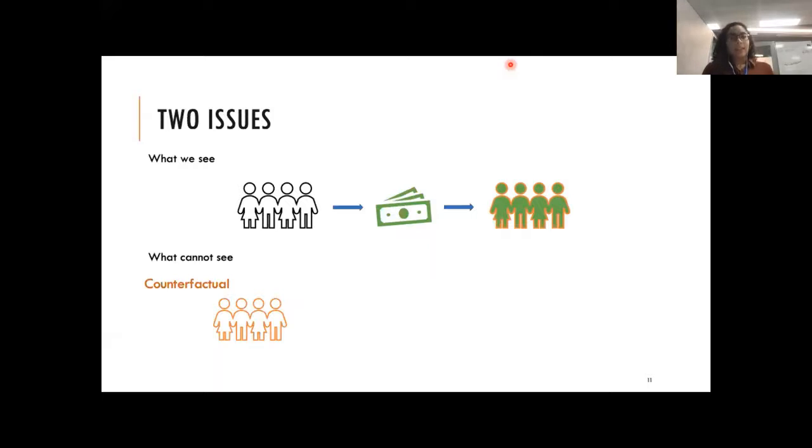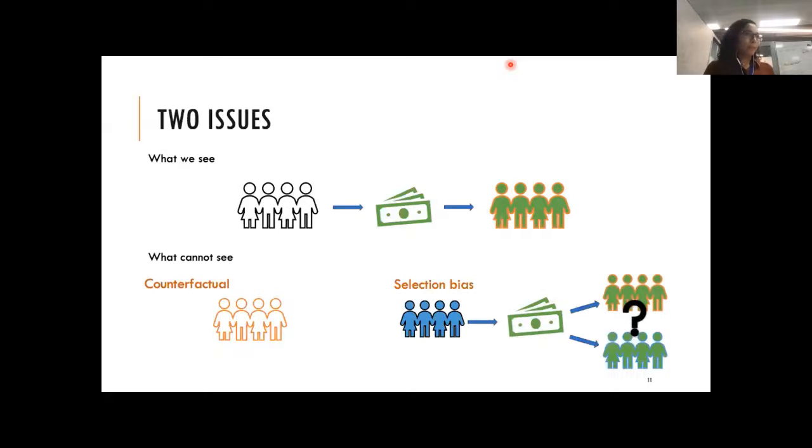But we cannot see how these people would have done in the absence of that treatment, simply because if we give them a treatment, there's no way of coming back to that. So that's the counterfactual: not seeing what the outcome would have been for our participants had they not participated in our experiment or program.